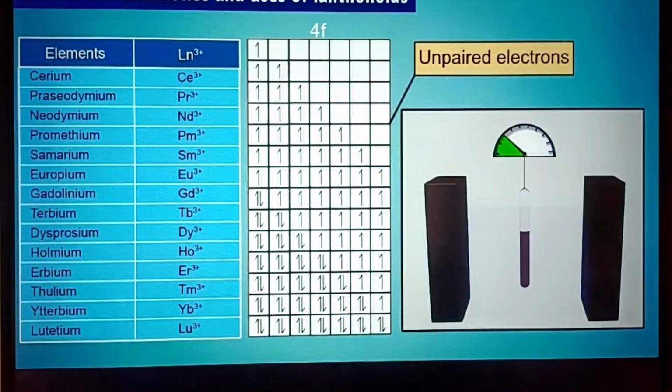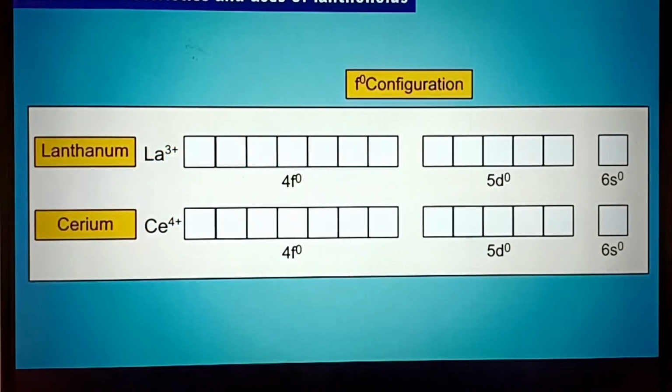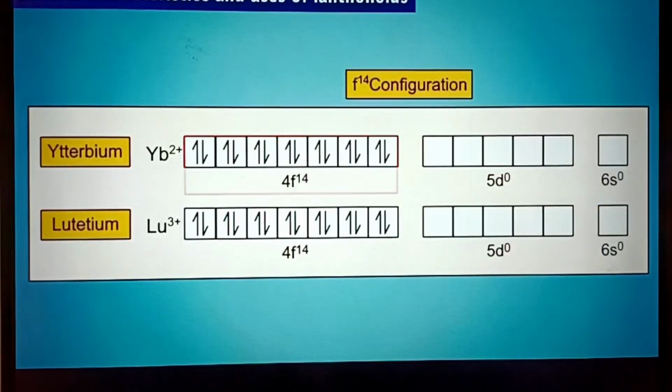Due to the presence of unpaired electrons in the 4f orbitals, all lanthanoid ions show paramagnetic behavior, with the exceptions of trivalent lanthanum and tetravalent cerium with f0 configuration, and divalent ytterbium and trivalent lutetium with f14 configuration.